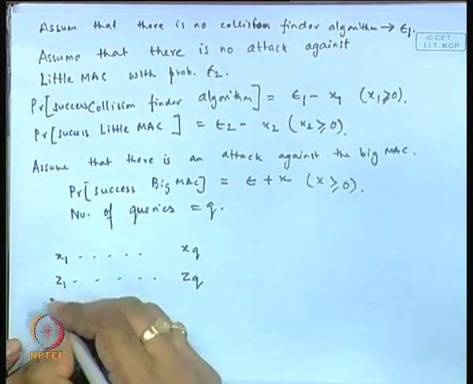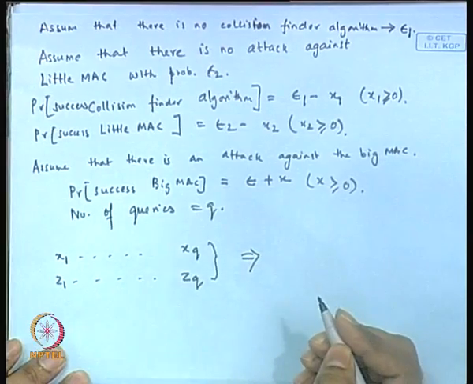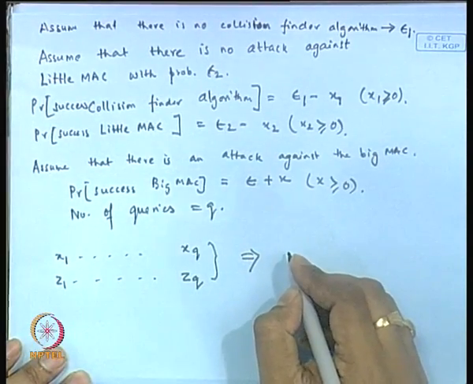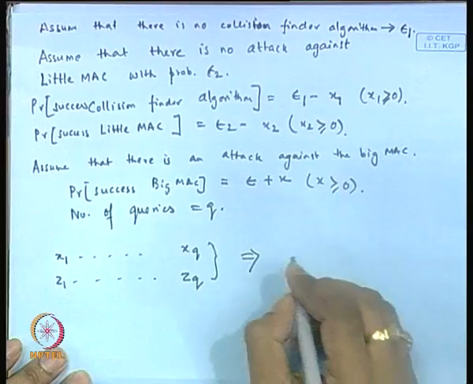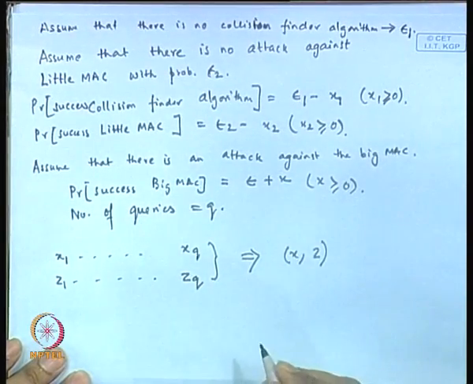From these pairs the attacker is able to find and return two corresponding values, say x comma z, which is valid, right.